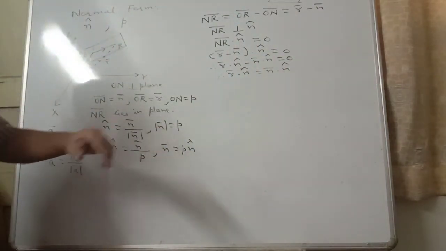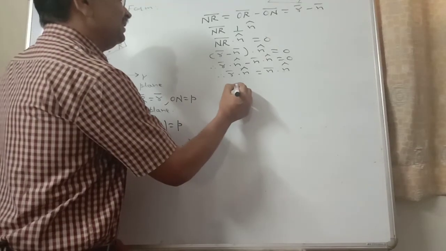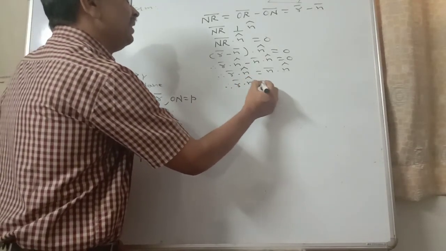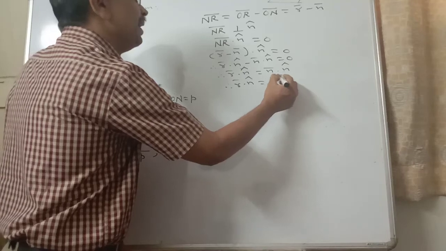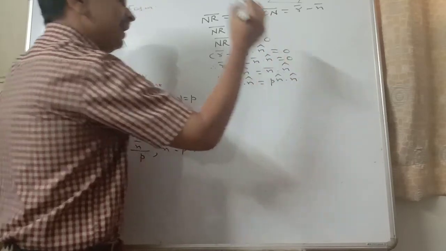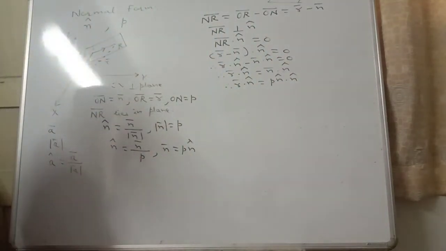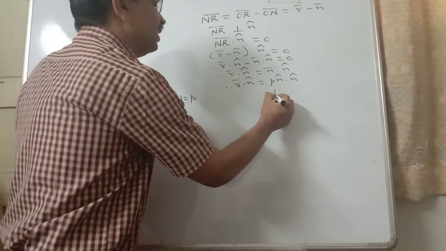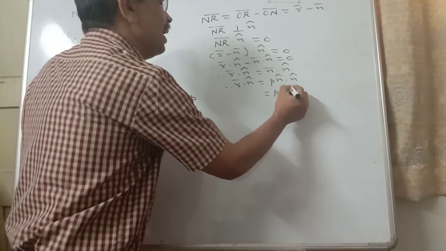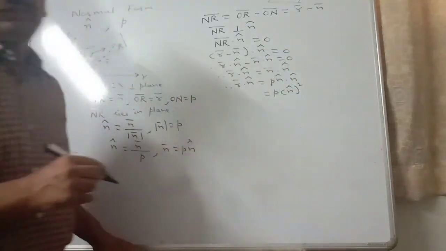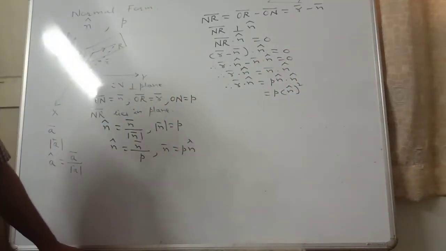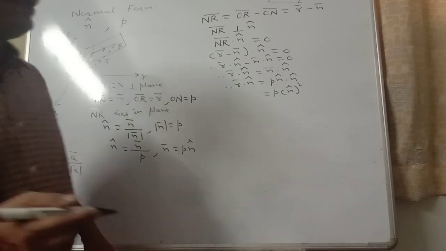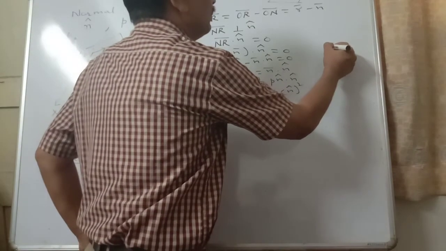Now n bar equal to p n cap. So LHS as it is: r bar dot n cap equal to p n cap dot n cap. N cap dot n cap, the dot product of two vectors, is the square of the vector quantity. So p into n cap square. Now we know the square of a vector and the square of the magnitude of the vector are the same.